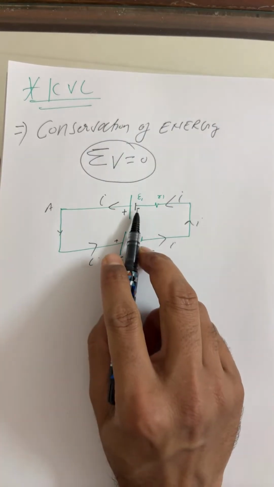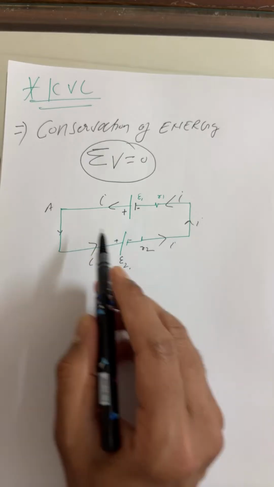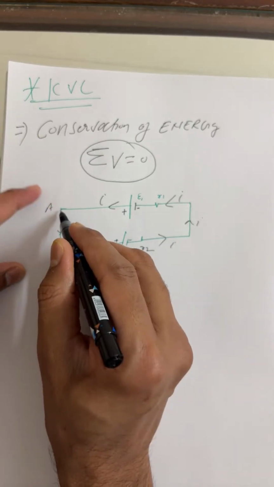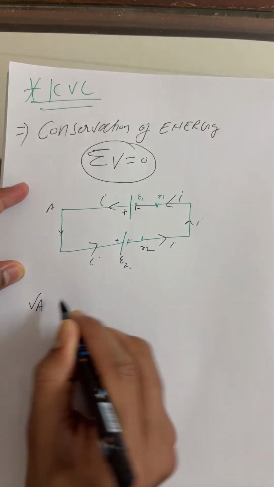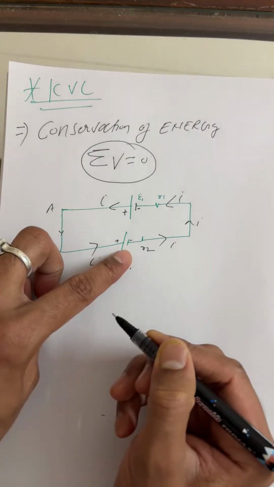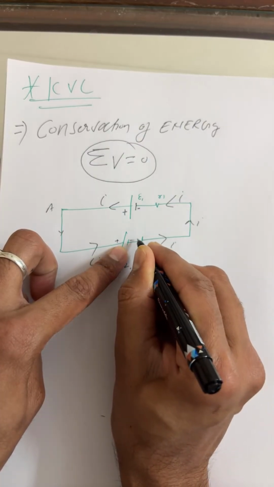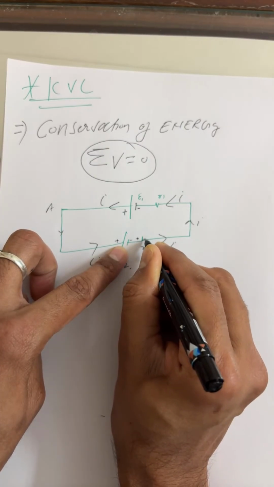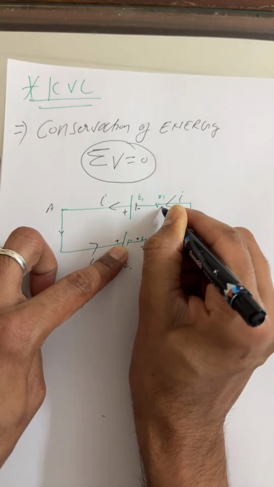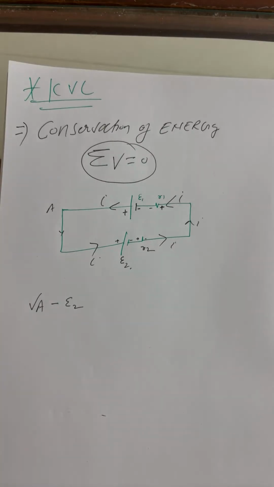Let us suppose I take consideration from here. So this is VA, plus to minus minus, so minus E2, then on the current through the resistor according to the direction of current flow, this is plus, this is minus.